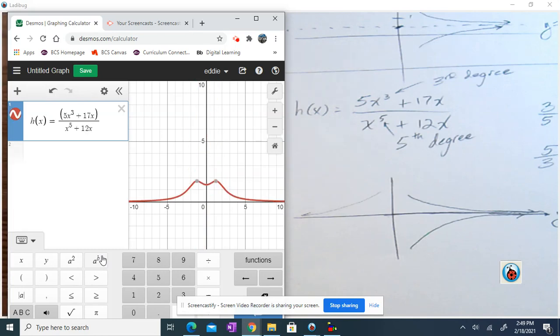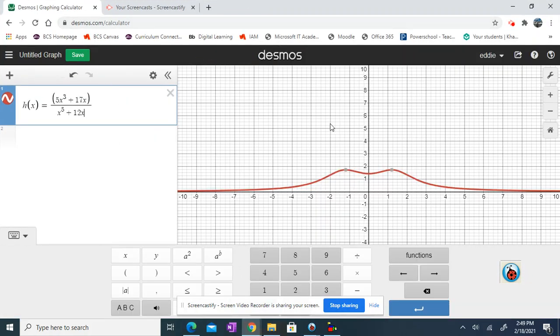All right, there it is. And as you can see, as x approaches positive infinity, y is approaching 0.